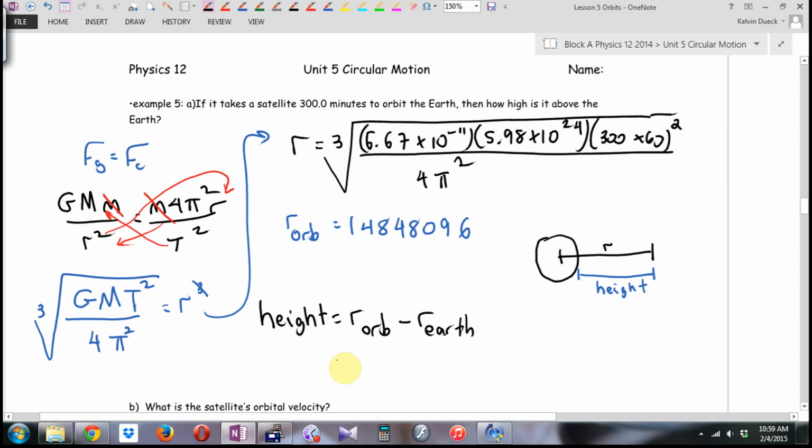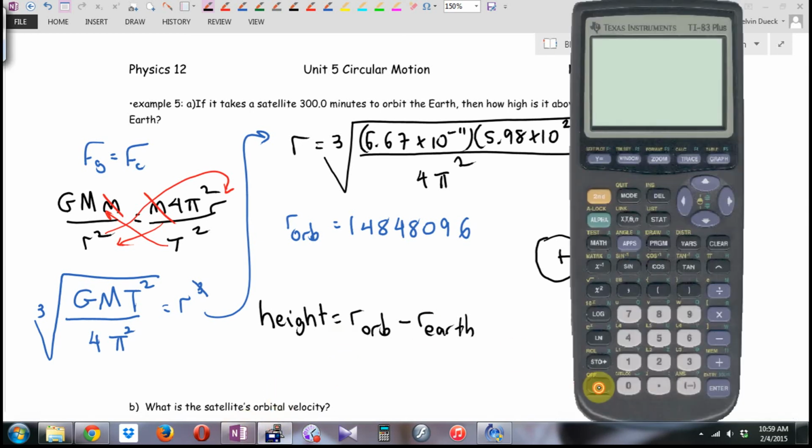And you all have this number still stored on your calculator, so you can just go minus 6.38 times 10 to the 6th. 14848096 minus 6.38 times 10 to the 6th.